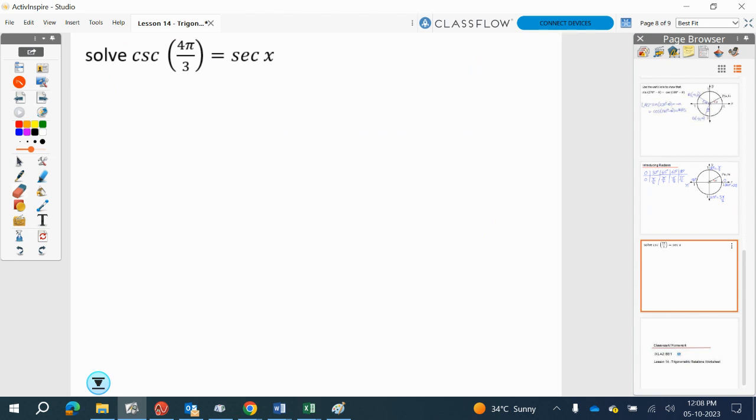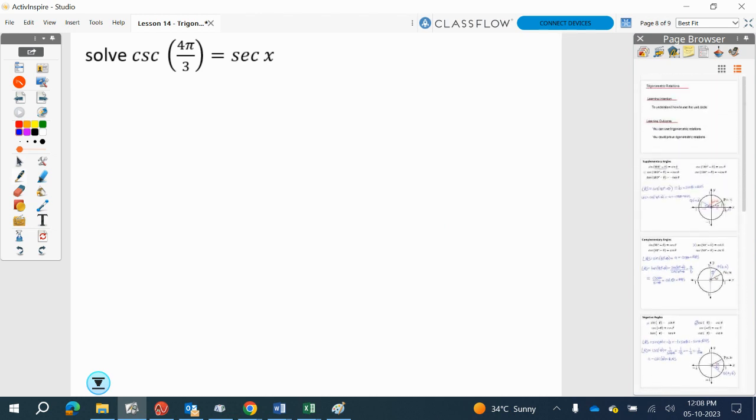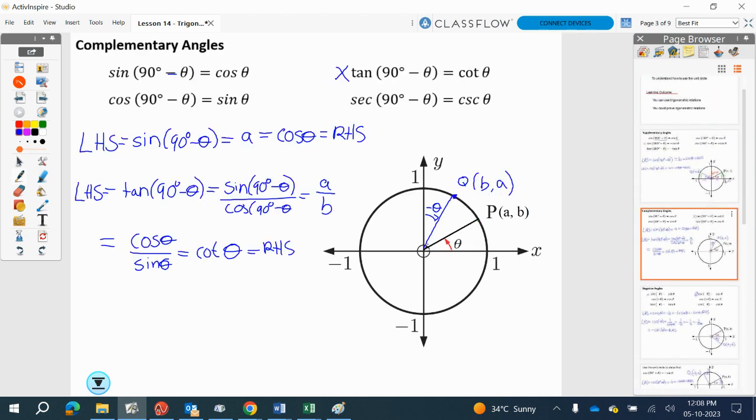Let's have a look at this question. This question looks really, really hard. It is not. If I flip back to my formula sheet, it says if the secant of angle x is equal to the cosecant of angle y, then they're complementary angles, meaning that they have a sum of 90 degrees.